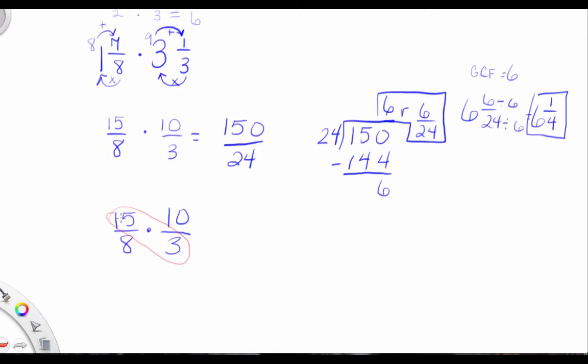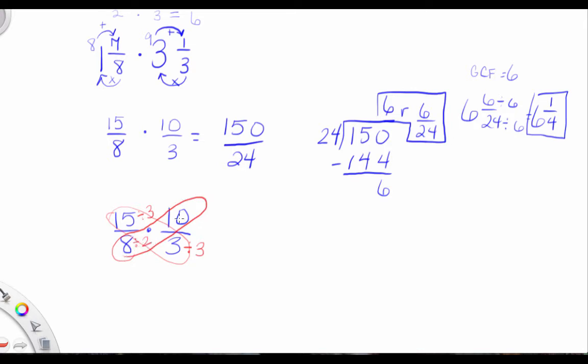So I'm looking at 15 and 3 together first. I know that 15 and 3 share 3, so I can divide 15 by 3, and I can divide 3 by 3. So I'm done with those. Now I'm going to look at my 8 and 10. I know that they're both even numbers, so I can divide them by 2.